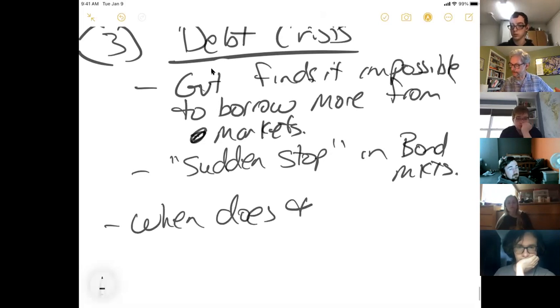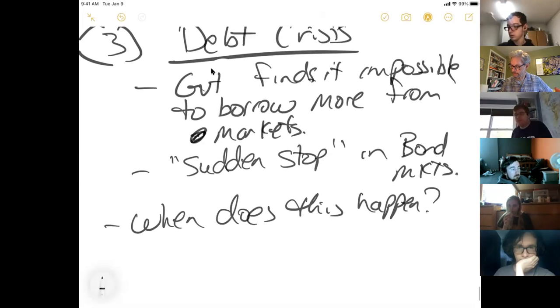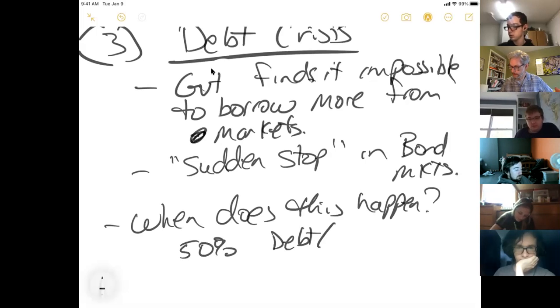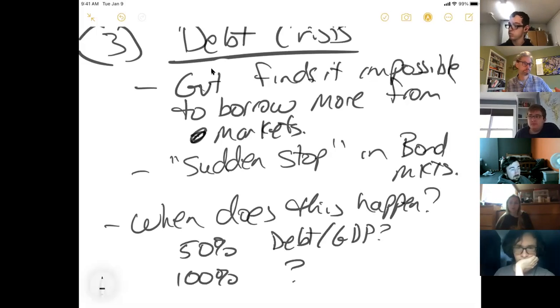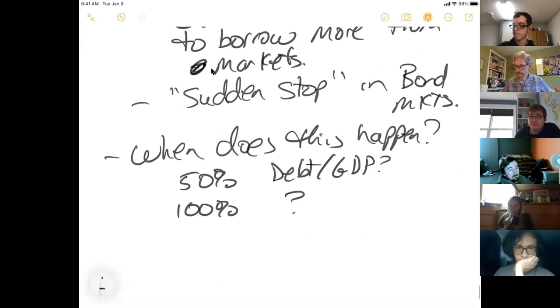When does this happen? Does it happen when your debt to GDP ratio gets to 50%? 100%? 150%?